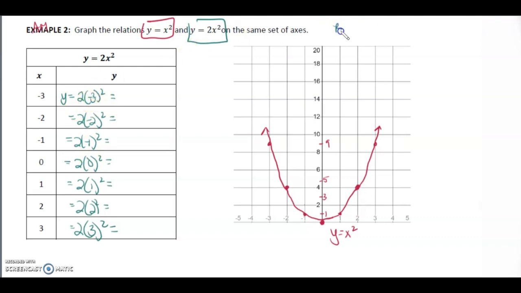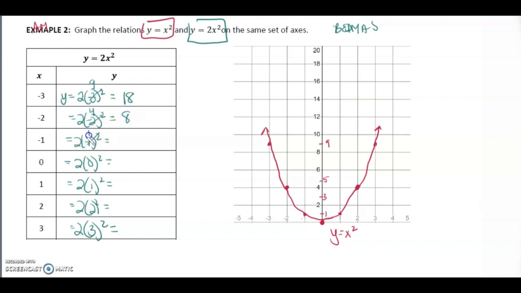So we have to follow BEDMAS. We want to square it first and then multiply it by 2. So negative 3 squared is 9 times 2 is 18. Negative 2 squared is 4 times 2 is 8.